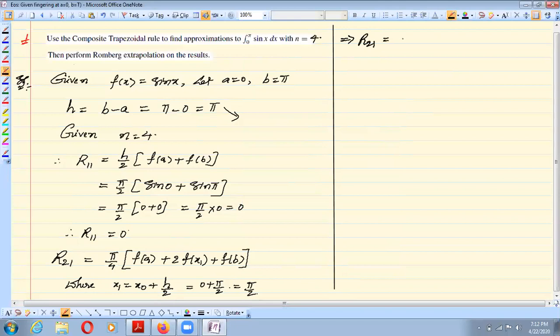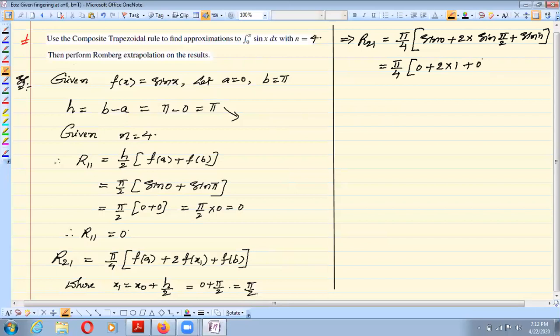R21 is equal to pi by 4 into f of a means sine 0, plus 2 into sine x1 means pi by 2, plus sine pi. That is pi by 4, 0 plus 2 into 1 plus 0, finally pi by 4 into 2, that is pi by 2.